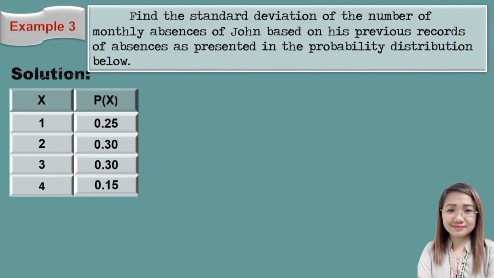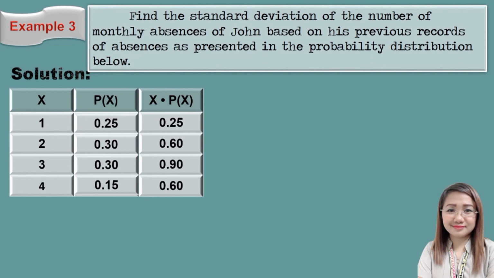So therefore, we have 1 times 0.25 is 0.25, 2 times 0.30 is 0.60, 3 times 0.30 is 0.90, and 4 times 0.15 is 0.60. Then, after getting their product, we need to get their sum. And the sum is 2.35. And this 2.35 is the value of our mean.